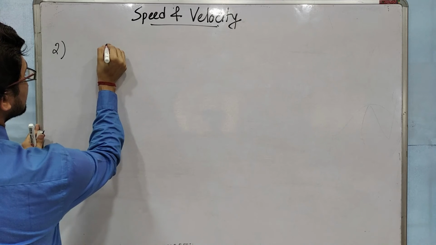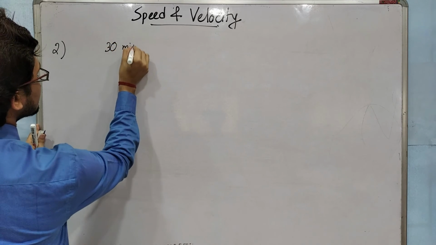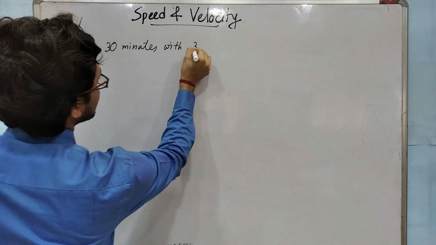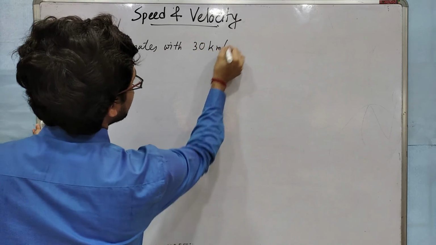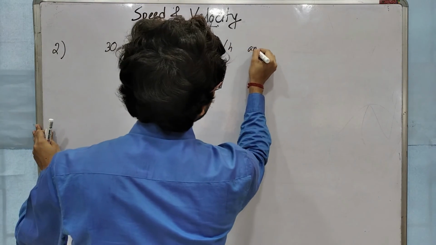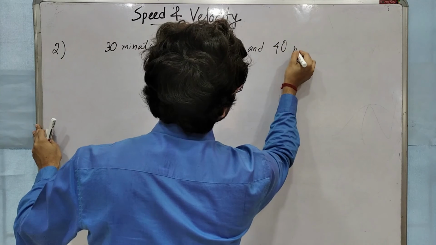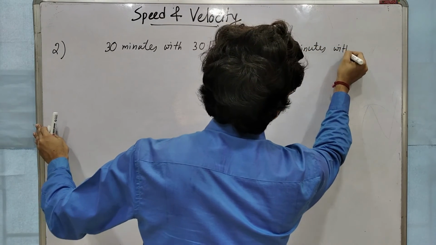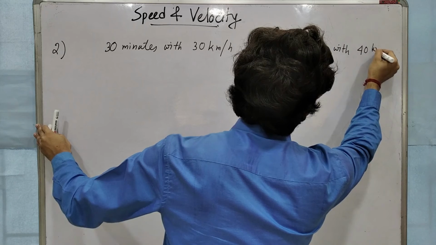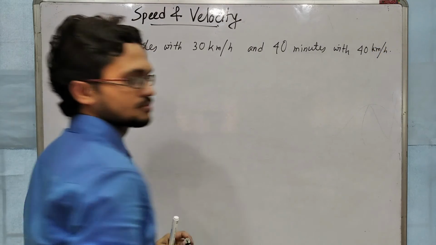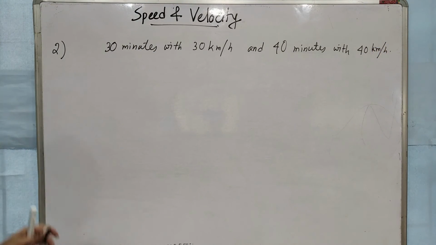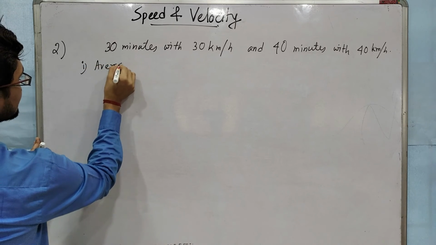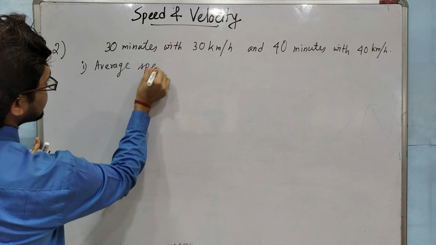Suppose a car moves 30 minutes with 30 kilometer per hour, and next 40 minutes with 40 kilometer per hour. We have to find, question number 1, the average speed.